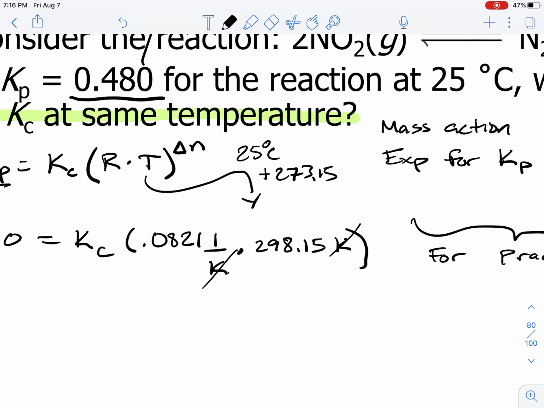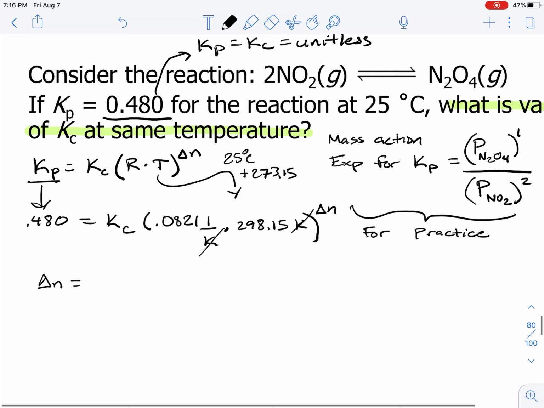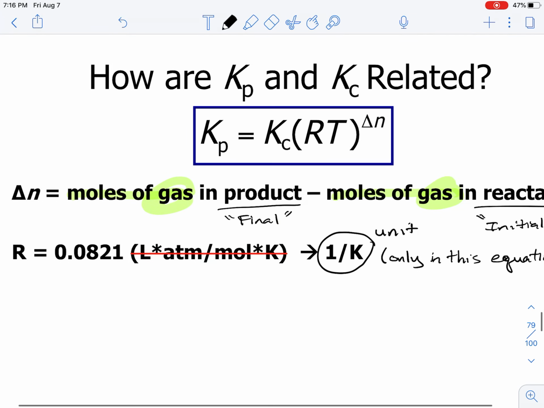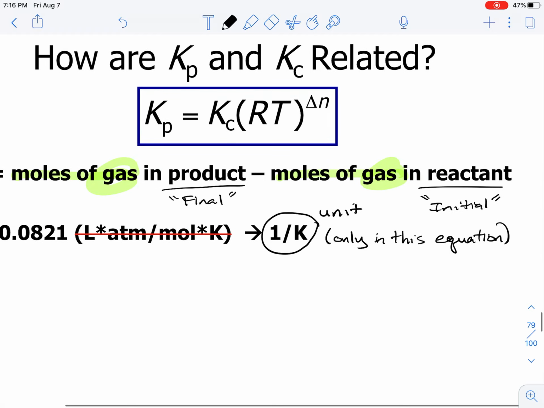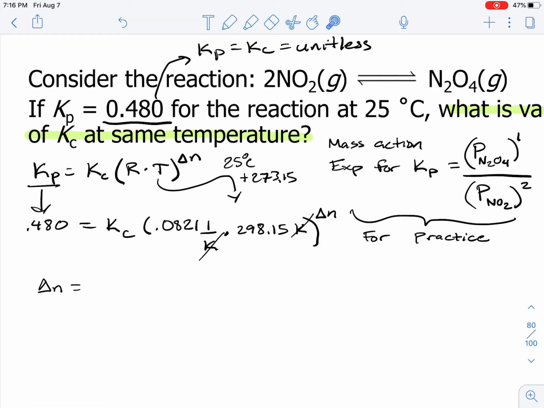Notice how the K's will cancel, raise that to delta N. And so let's go ahead and figure out the change in N, delta N, which is representing the moles of the gas in the product side minus the moles of the gas in the reactant side. And so we can go ahead and take the coefficient to represent the number of moles of gas from this balanced chemical equation.